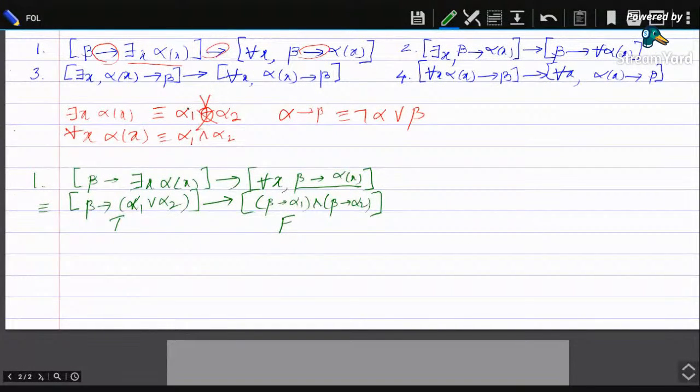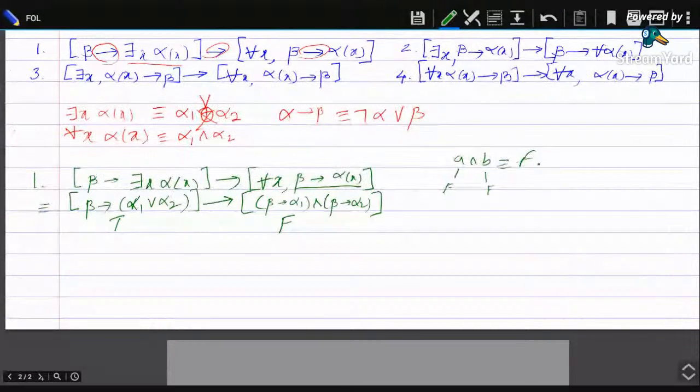Okay, so how do you make this false? Making this false means there are two things separated by and, A and B, and you want this to be false. So for A and B to be false, what is required? Either this should be false, or this should be false, or both should be false. Then only A and B will be false.